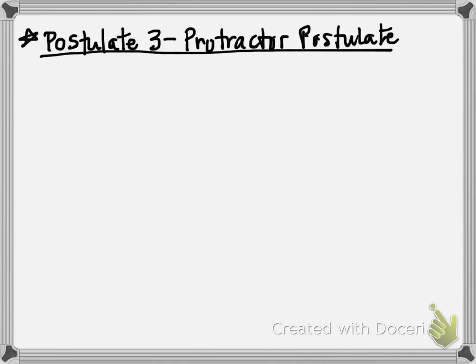Now, normally, I'm a super big stickler for writing exactly word for word what the postulate says or what the theorem says. But in this case, I'm going to paraphrase, because this is what postulate 3 actually says.